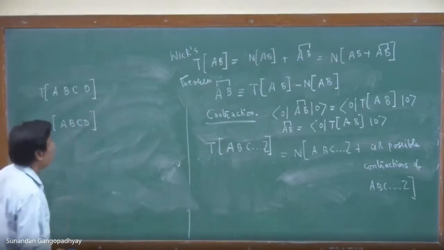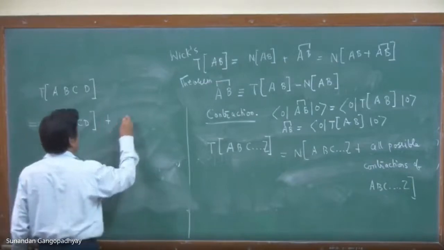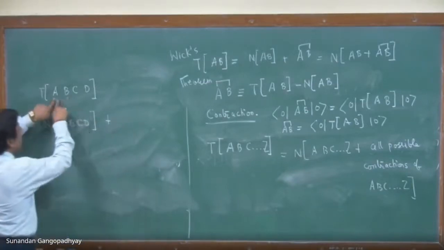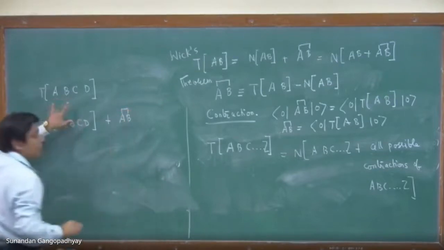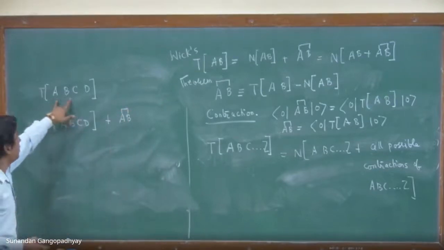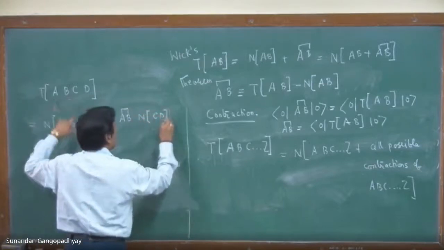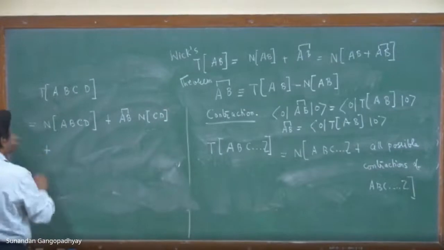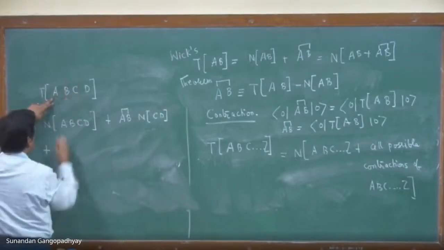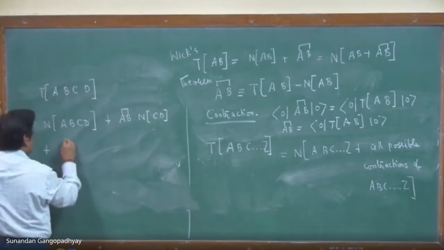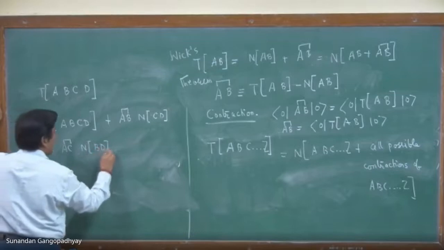You can take the contraction AB, just take a pair at a time, and leave the other 2 in normal order, N of CD. Plus you can now take the AC contraction, then the normal order form of BD. You can then take AD, normal order form of BC.